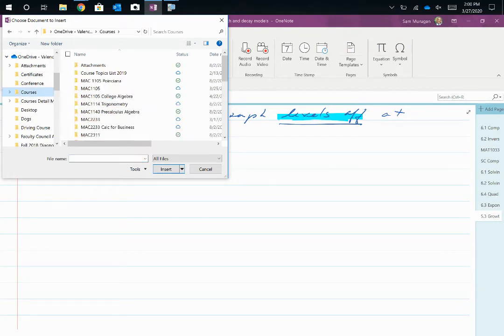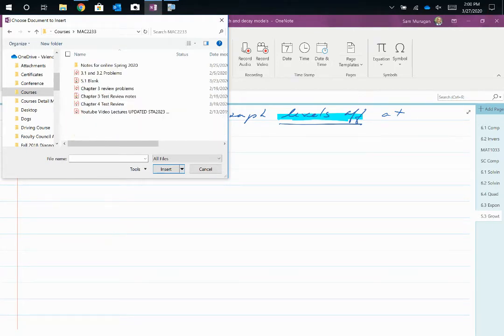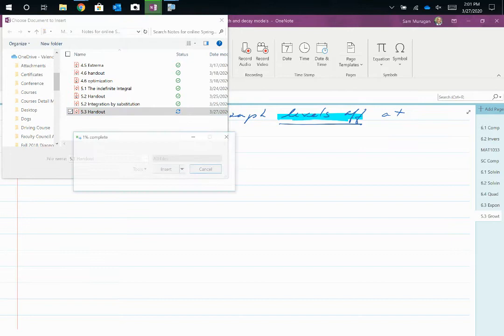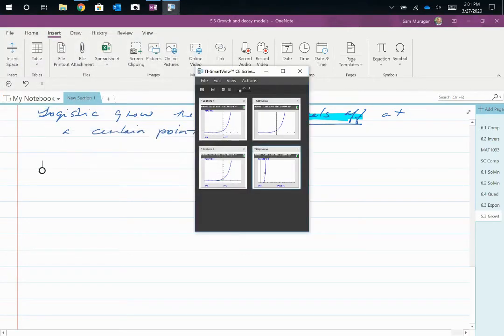This is the homework problems. I can't find the stupid thing. Where did I put it? 5.3 handout, insert. Let's see if this works. Yay, it works.